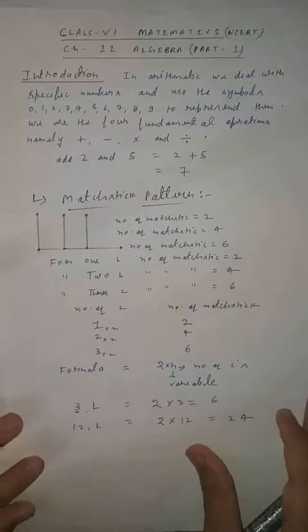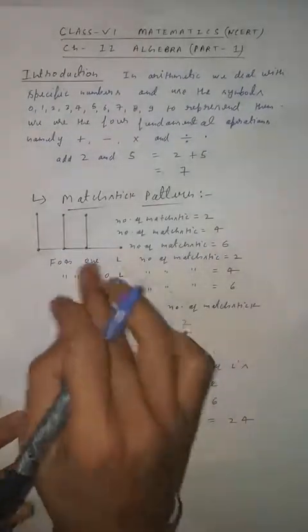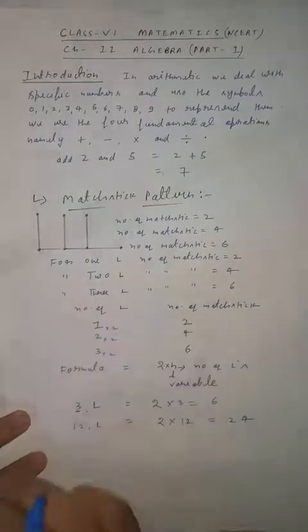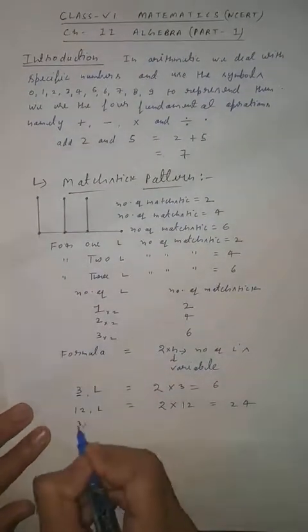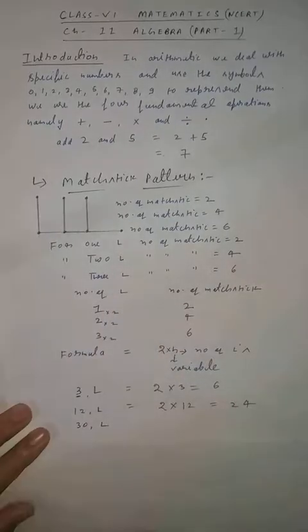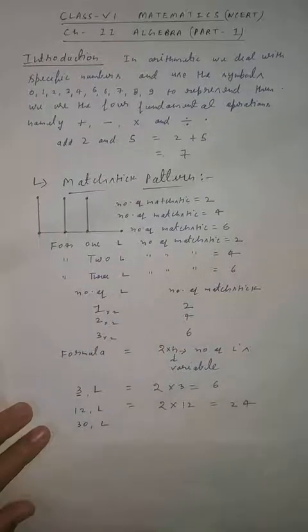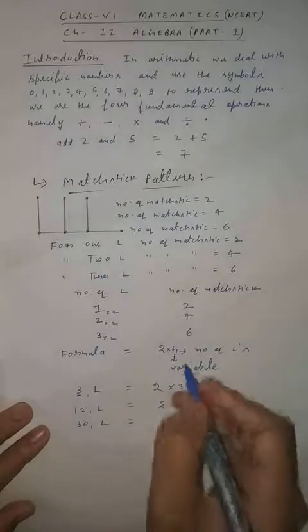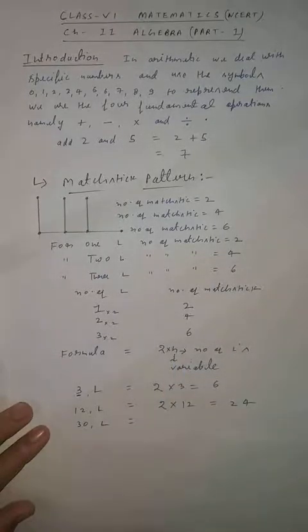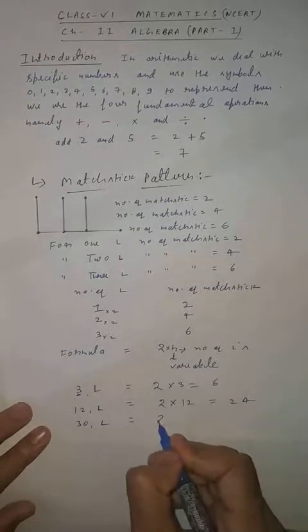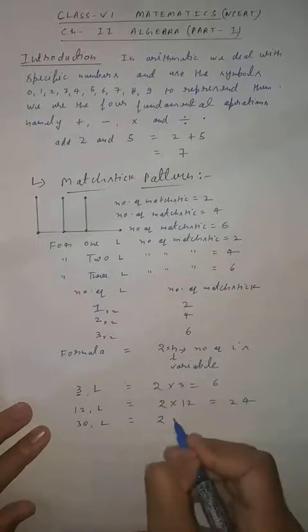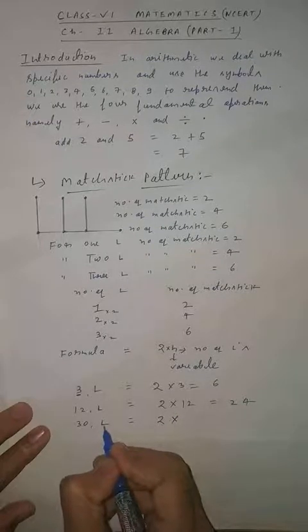For one L you draw matchsticks, for 2L you draw matchsticks. But if I want to know for 30L, if you are going to draw it, it will take so much time. And you want to know the number of matchsticks immediately. So what will you do? You know that the formula is 2n. So you write 2 and multiply by the value of L, which is 30.